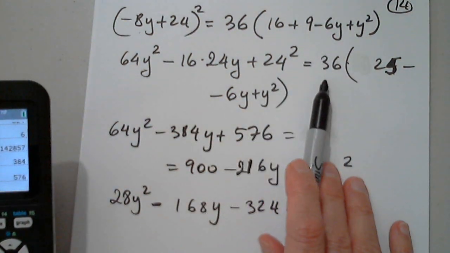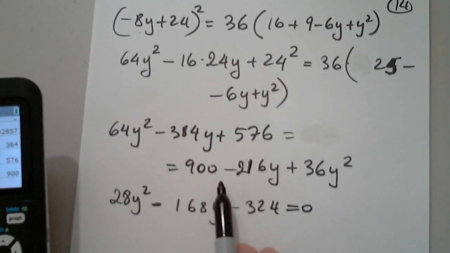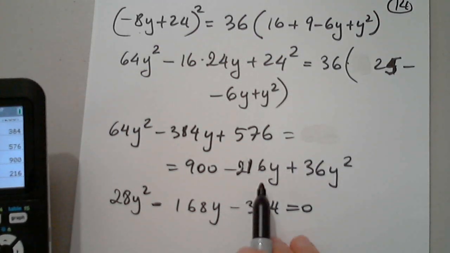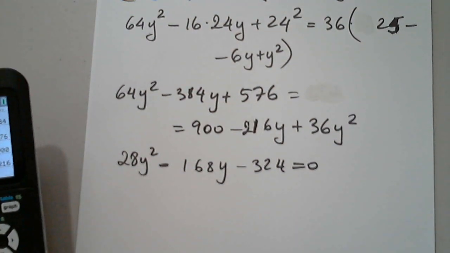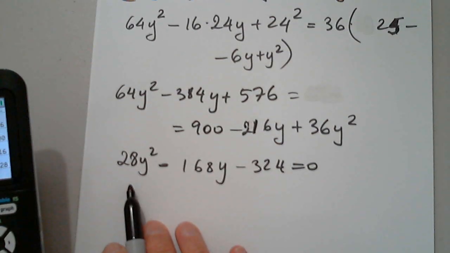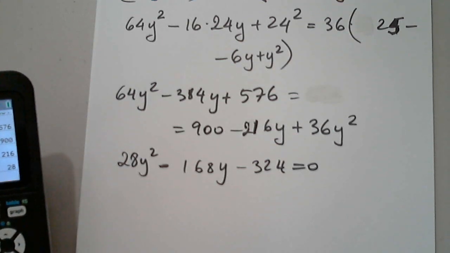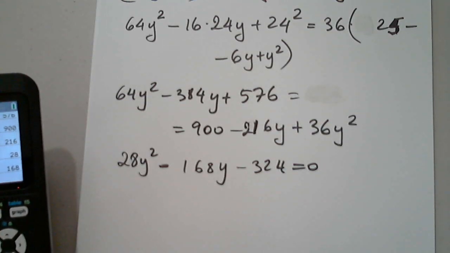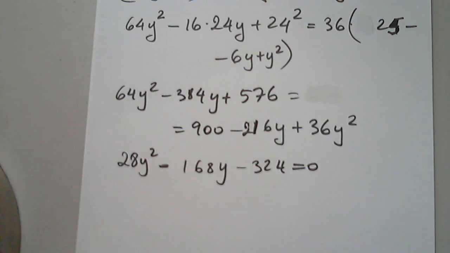Correct. 36 times 25 is 900, minus 36 times 6, plus 36y squared. 64 minus 36, I'm sorry, of course, 28. 384 minus 216, yes. 576 minus 900, yes. I don't see any error.